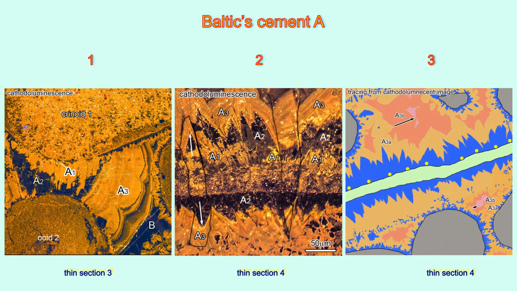The first cement A increment, labelled A1, was either dissolved or is present as altered remnants of its former crystals. As cement A is the first cement to precipitate, it probably was marine magnesium calcite, its instability leading to its modification.